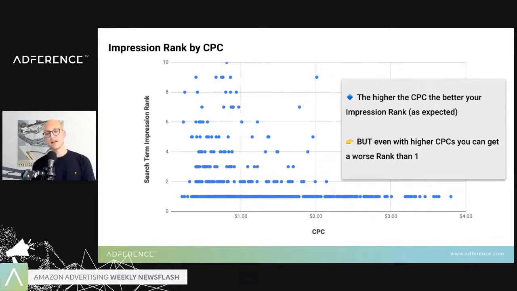It's another indicator how important the overall relevance is. I find this very important, and this is the first time that we actually see how the impression rank behaves by CPC. So the lower the CPC, probably the worse the ranking, and the higher the CPC, the better the search term impression rank or the search term impression share.